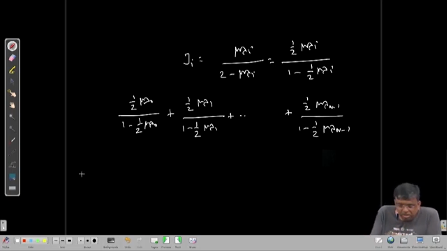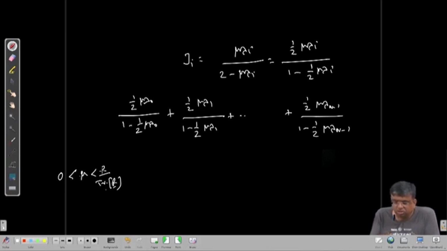We have seen mu should be less than 2 by trace R. This comes from the convergence in mean condition, right. That means what is trace R? Summation of the eigenvalues.